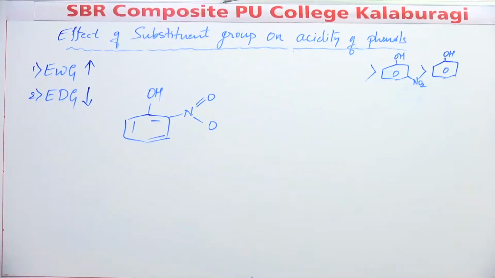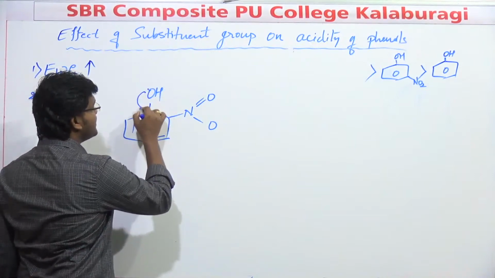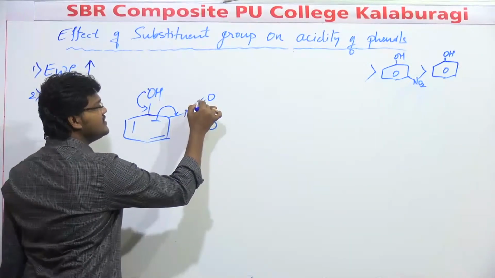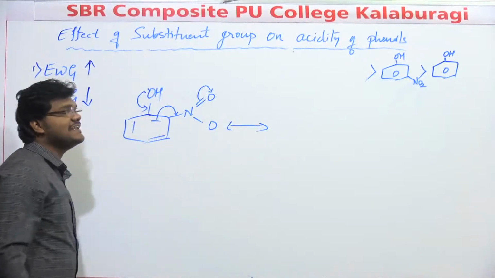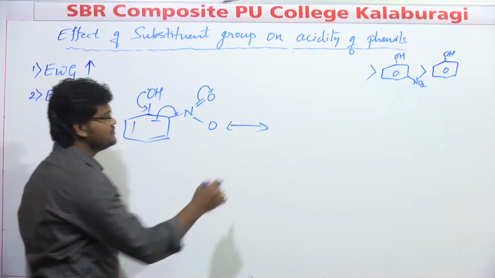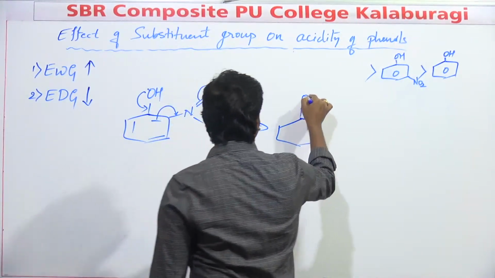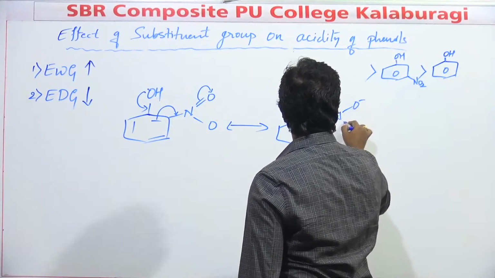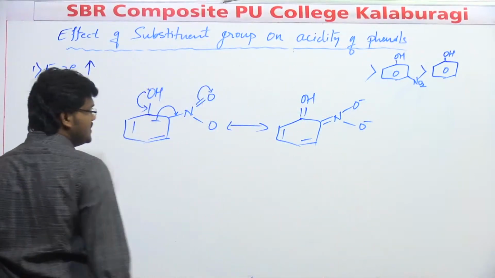You can see the resonance can be extended over here. This electron will be transferred over here, then this will be transferred over here. So resonance is extended in case of ortho. For example, I am going to get OH double bond and O minus, so these are unaffected.